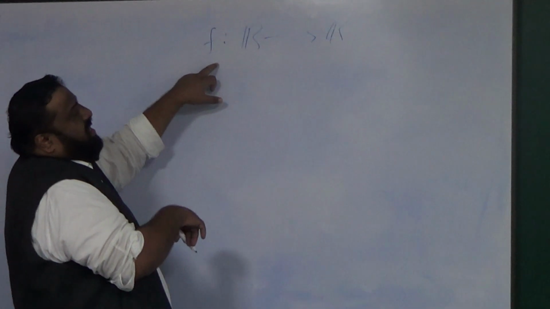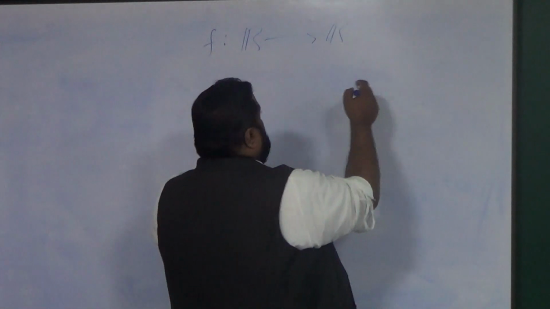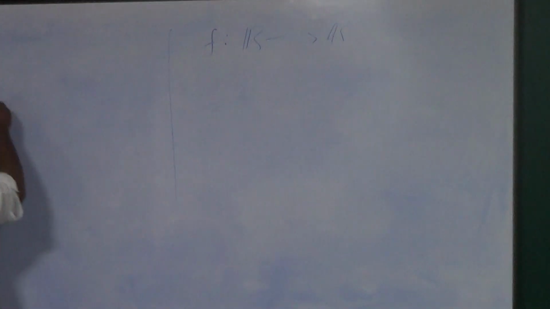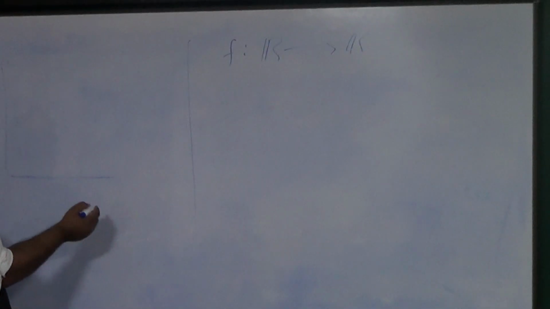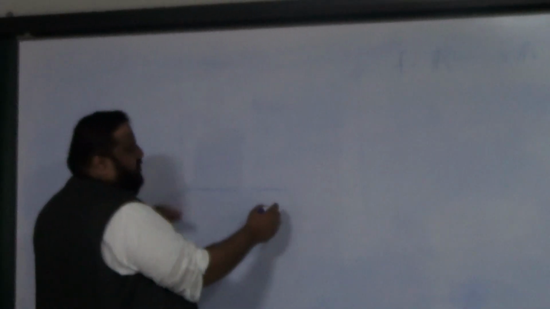If you have a map from R to R and I talk about the graph of it, for representing the graph I need a two-dimensional plane.